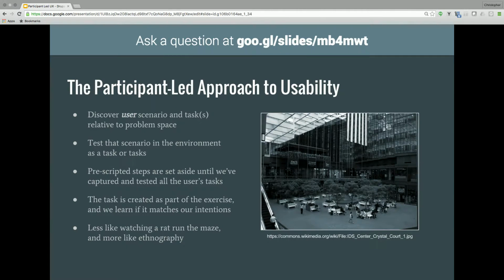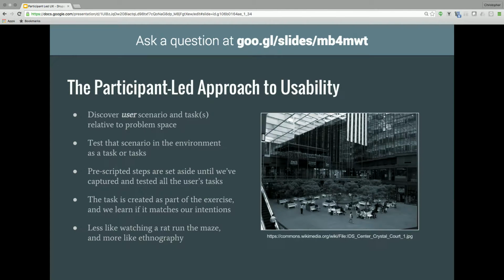It doesn't mean that you don't write your test parameters. You don't write down those things that you think are important to test. What that means is that you take that and set it aside and instead focus on those tasks that are created in the exercise to see if it matches that list that we created, then put in our back pocket for later.